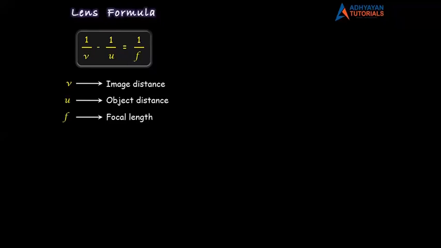The second formula that we need to learn is something called magnification. And the symbol of magnification is capital M. Now, before I tell you the formula for magnification, इसका पहले ना हम लोग meaning समझते हैं. Magnification का मतलब क्या है?